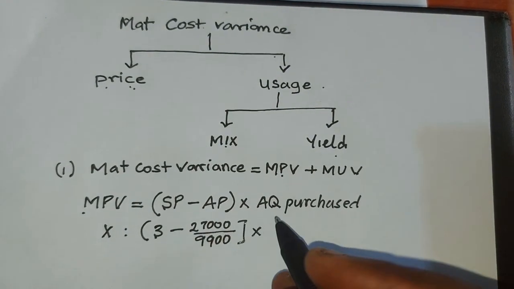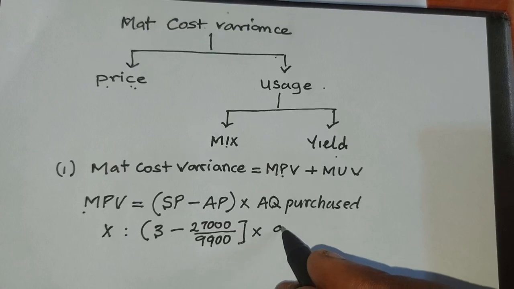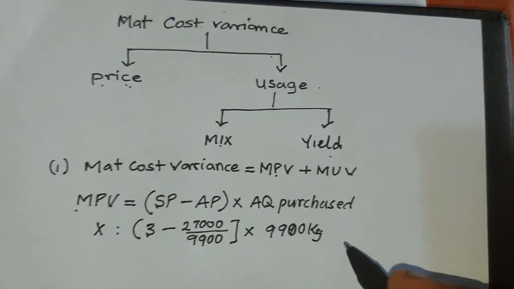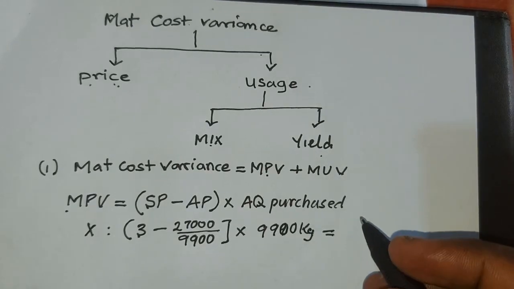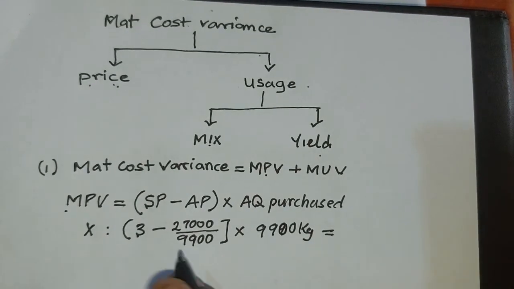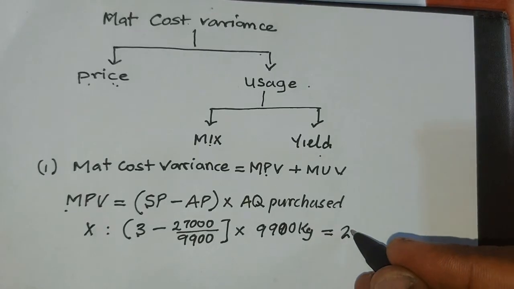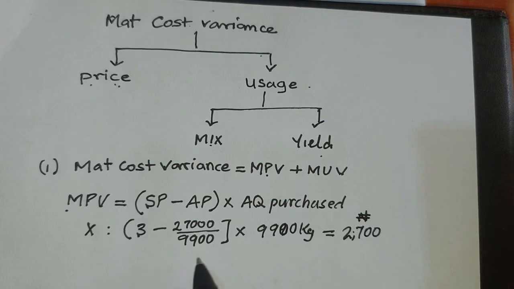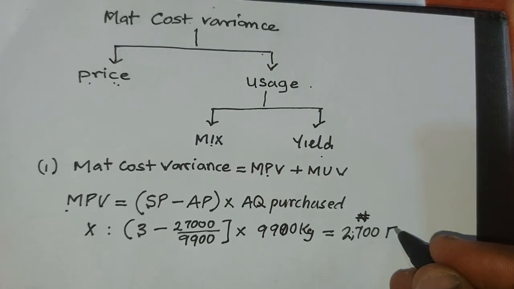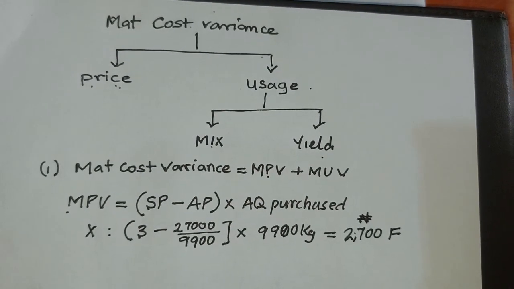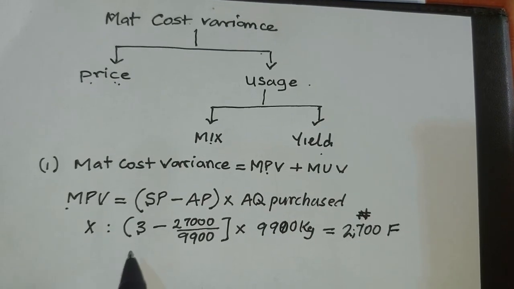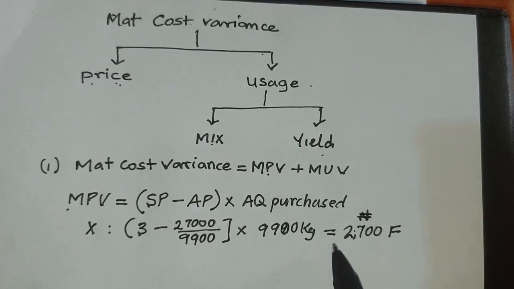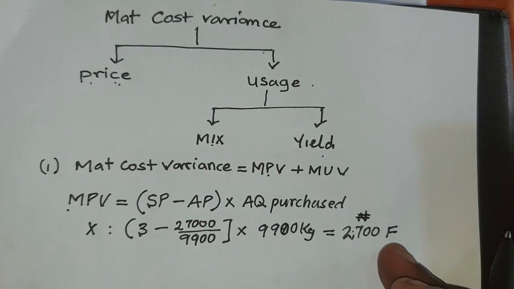Then you multiply by the actual quantity purchased, of course, which is 9,900 kilograms. By the time you press your calculator, it gives you 27,000 naira. If your answer is positive, it is favorable. I told you, when you are asked to calculate any cost variances, start with the standard. Once your answer is positive, you write favorable.